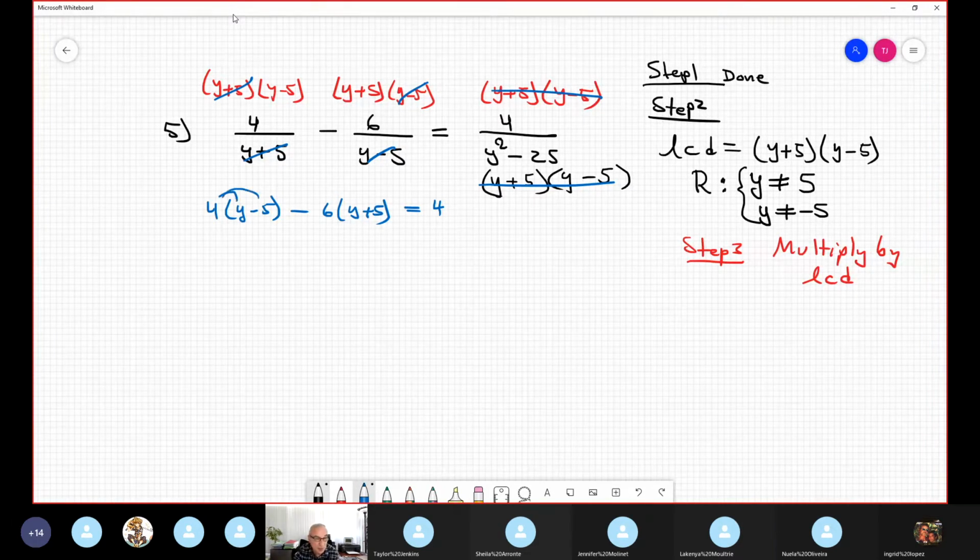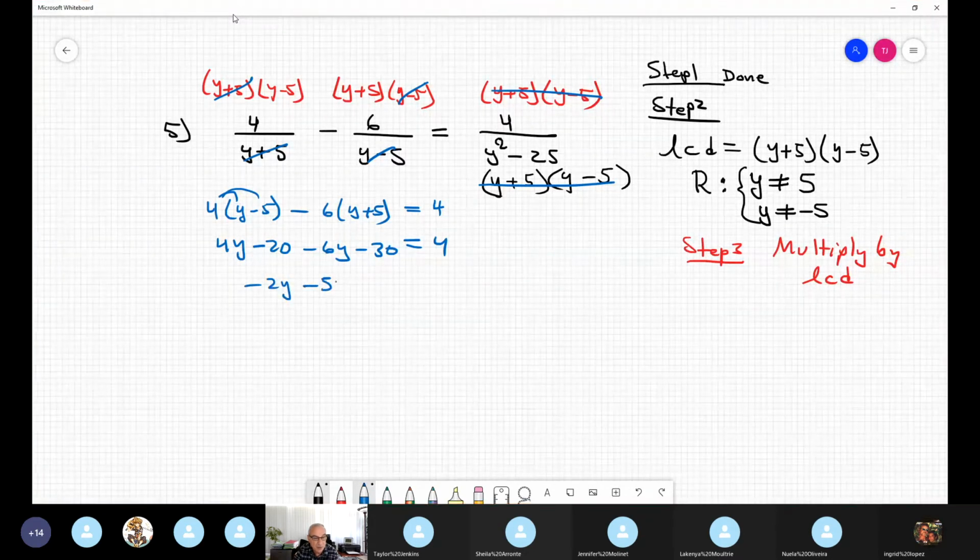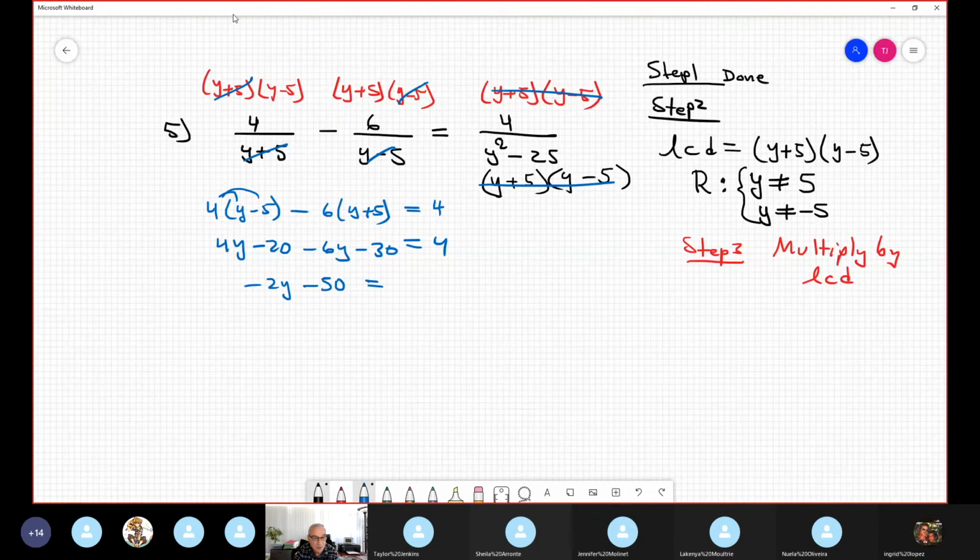You apply the distributive property: 4y minus 20 minus 6y minus 30 equals 4. Entonces negative 2y minus 50 equals 4. Minus 2y equals 4 plus 50, que es 54.